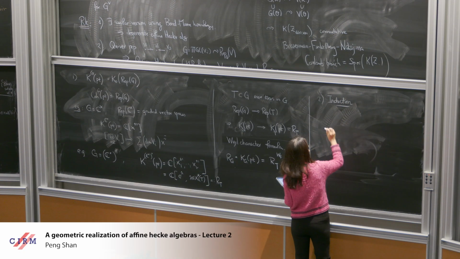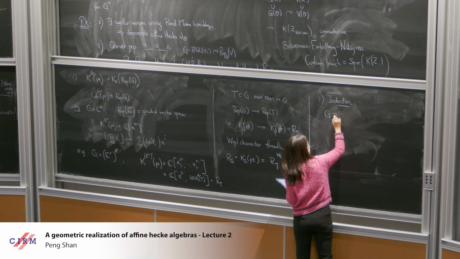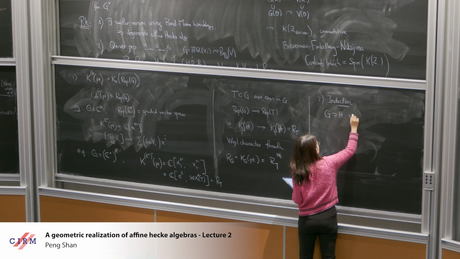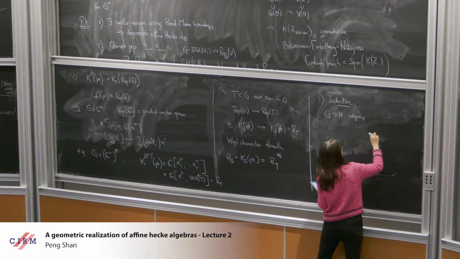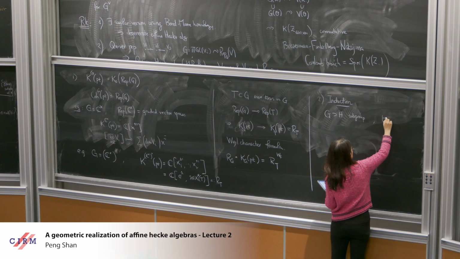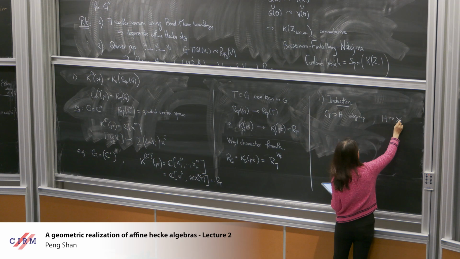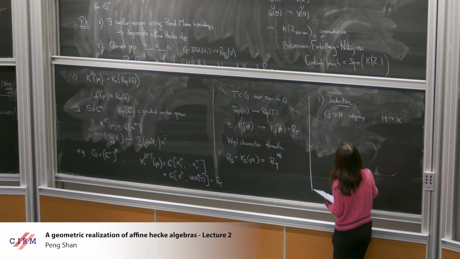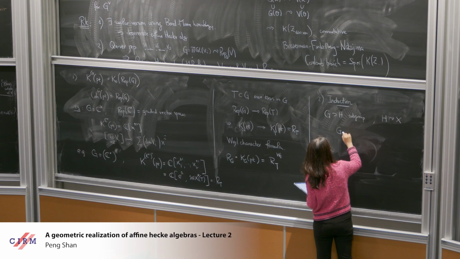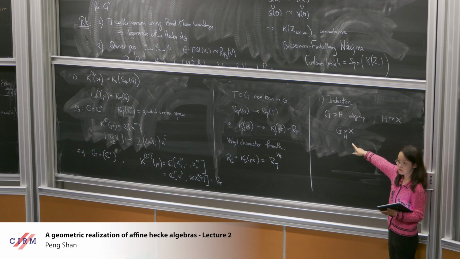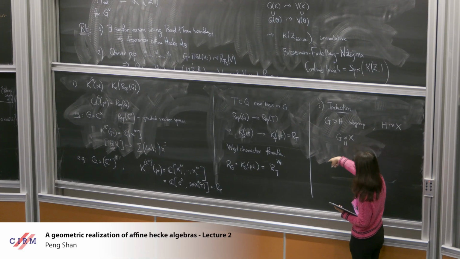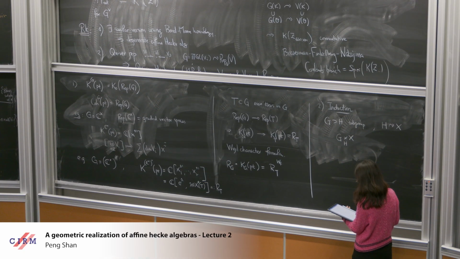If you have a subgroup H in G, and you have a variety X with an H action, then you can consider the induced variety, G times X over H, which is the same kind of quotient as we explained just now.